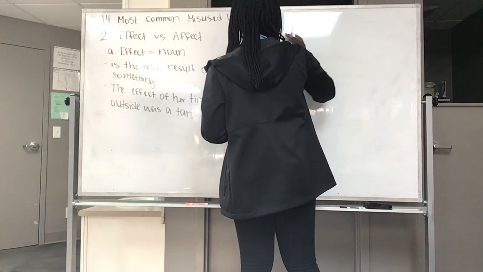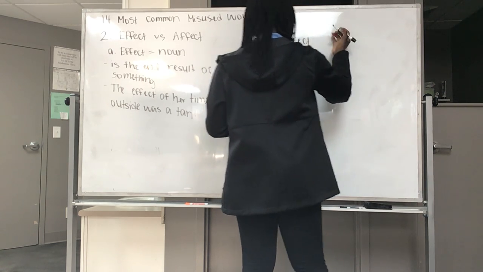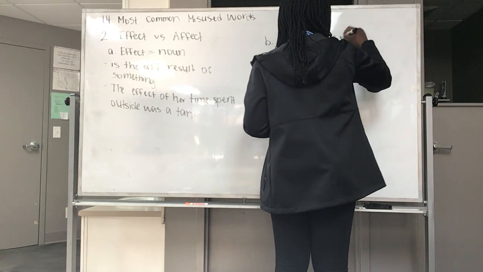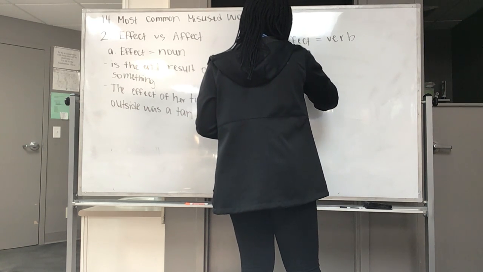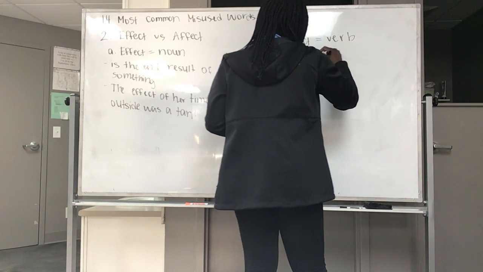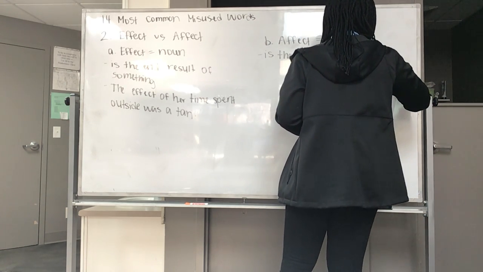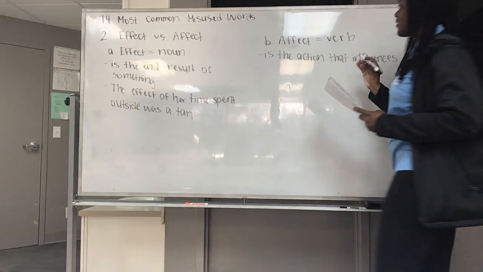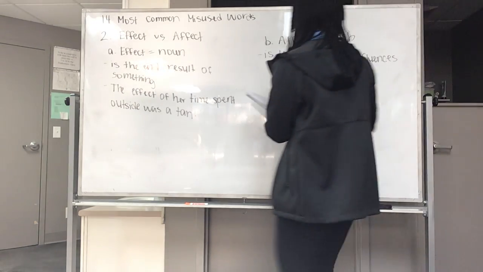And then the second, affect with an A, is used as a verb. This one is the action that influences. So I'll show you my example.